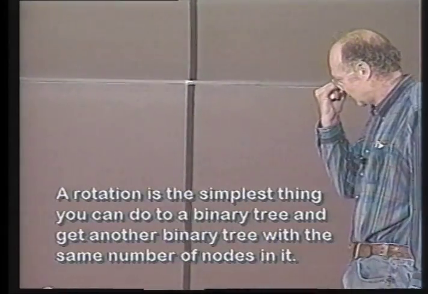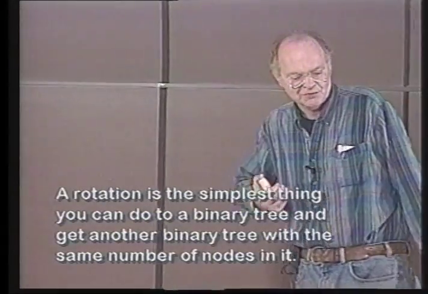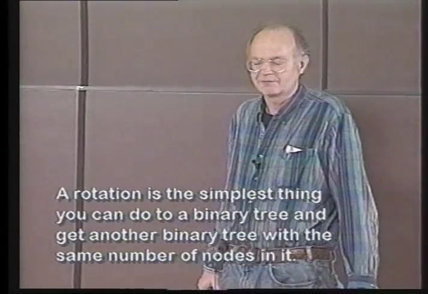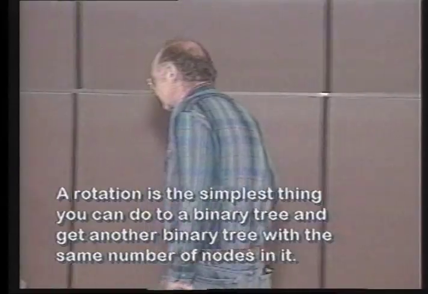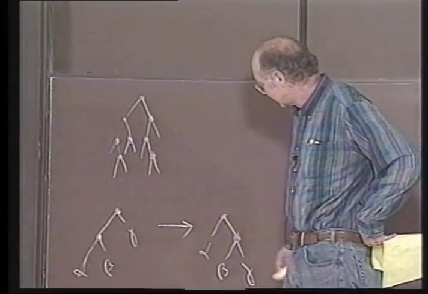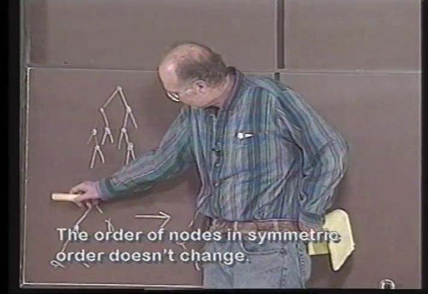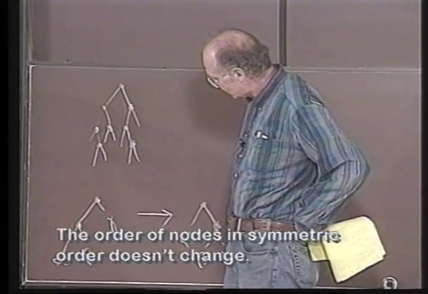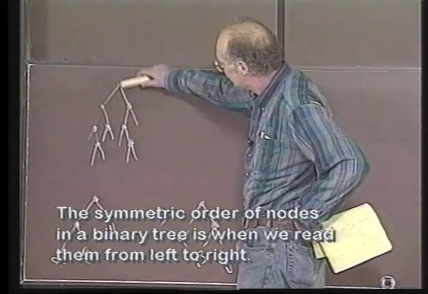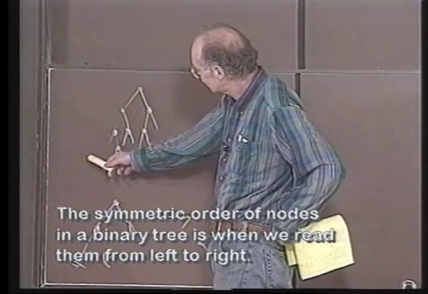Okay. Now, this is the simplest thing you can do to a binary tree and get another binary tree with the same number of nodes in it. And it also has a great property that the order of nodes in symmetric order doesn't change. Now, the symmetric order of nodes of a binary tree is when we read them from left to right.